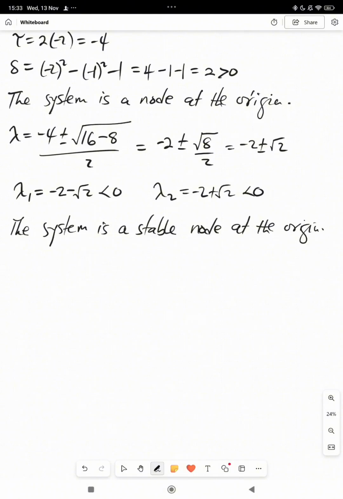Next, we want to find our eigenvectors. So our eigenvalues: lambda 1 equals minus 2 minus square root of 2, which is less than 0, and lambda 2 equals minus 2 plus square root of 2.